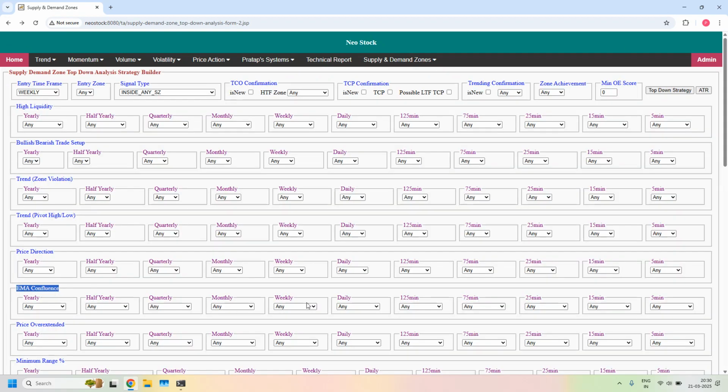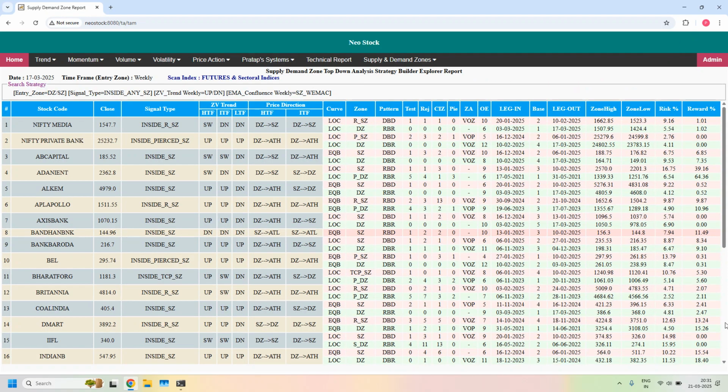So in the EMA Confluence at weekly time frame, I am selecting the filter weekly supply zone having weekly EMA Confluence. And at the same time trend on the weekly should not be sideways. It can be up or down. With these filters, now the list is reduced, but still we have a good number of stocks. First 16 stocks in the list.